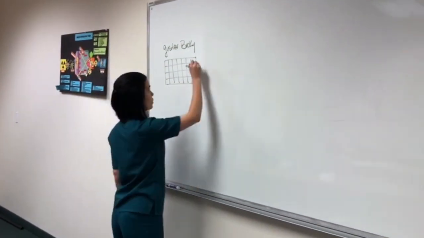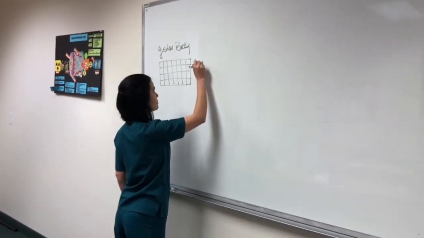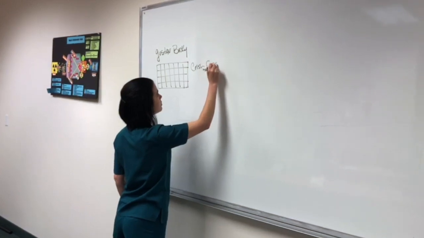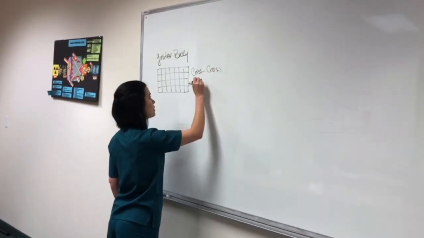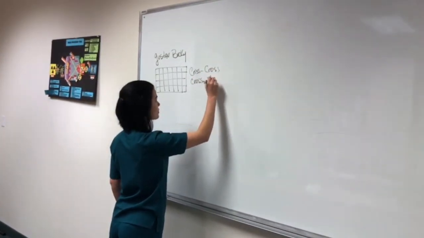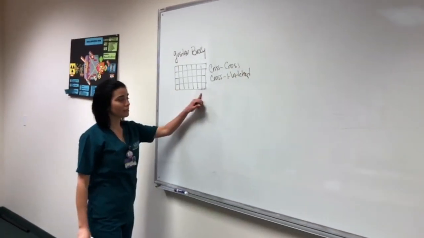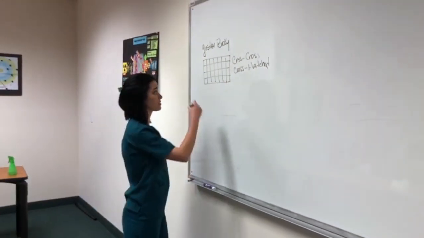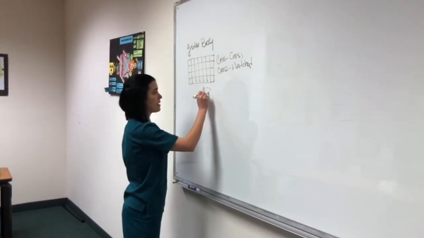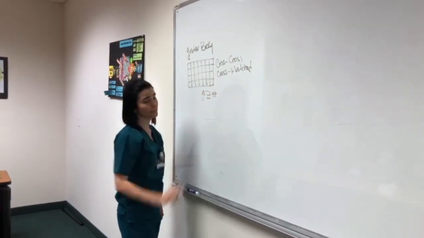This grid was called crisscross or crosshatch. The reason we use lead for the construction of the grid is because lead has a high atomic number.